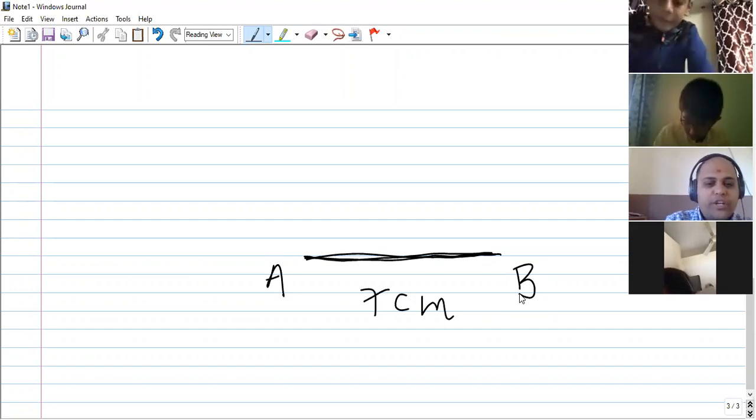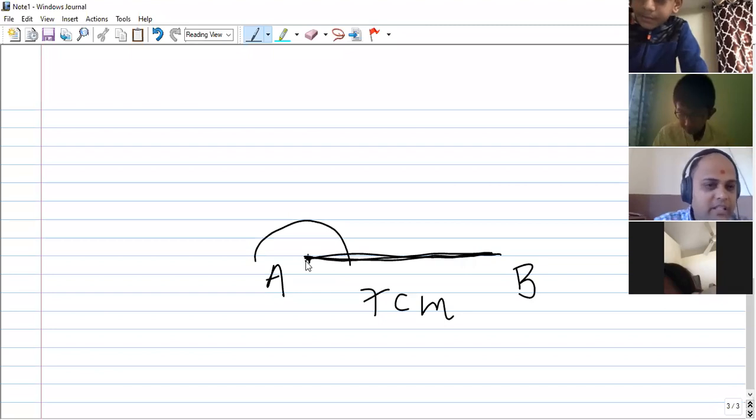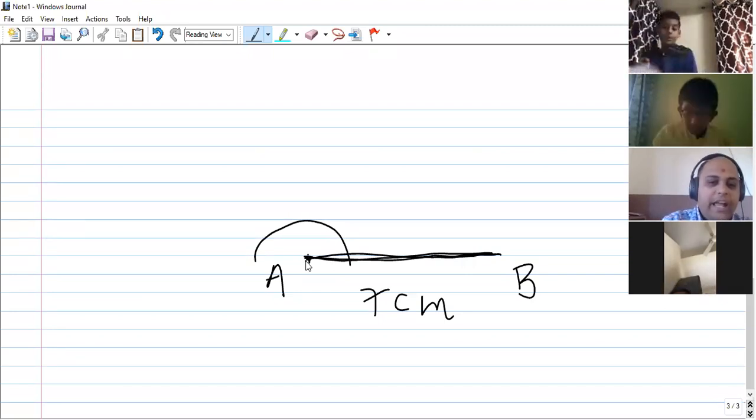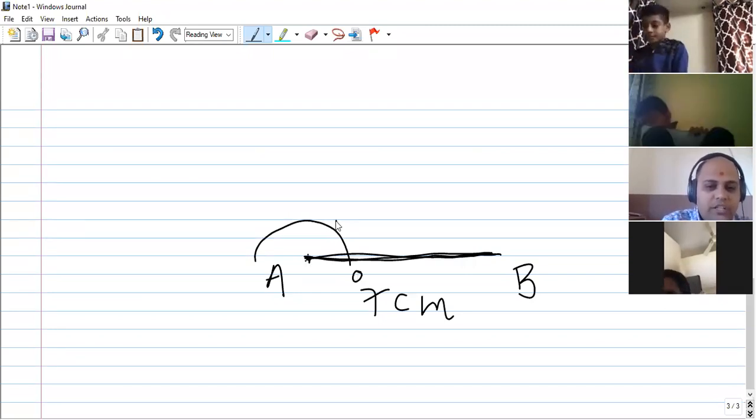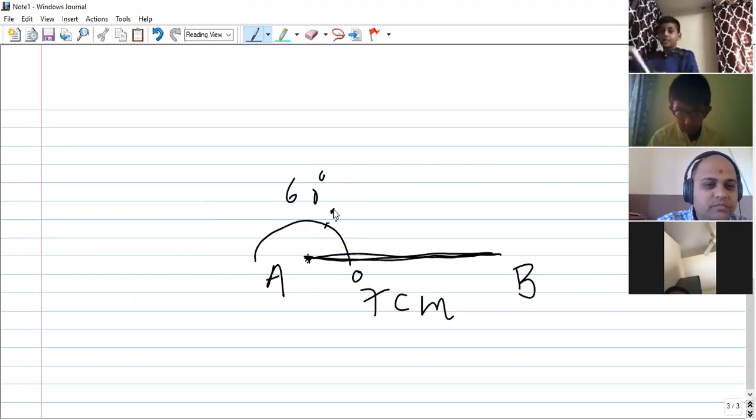Now put the protractor here on point A, on the line segment, and then measure 0 to 60. So 60 should be somewhere around here. 60 degrees you have to measure, and put a point here at 60 degrees. Do it.